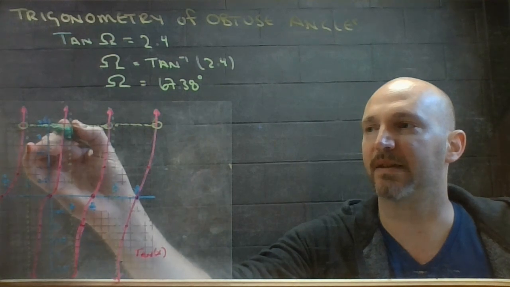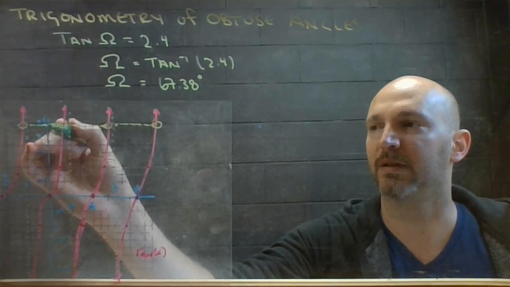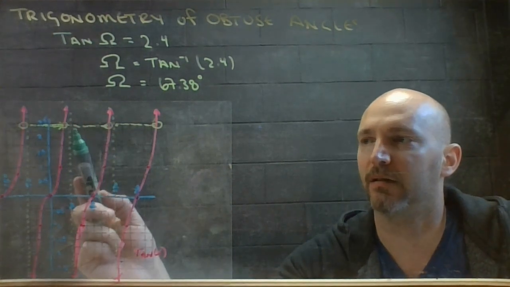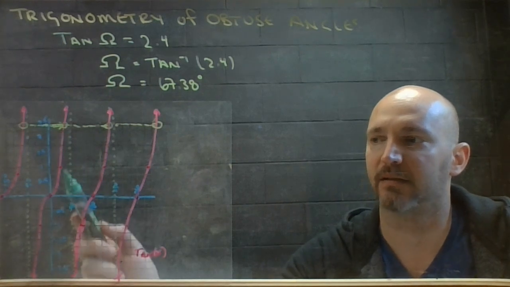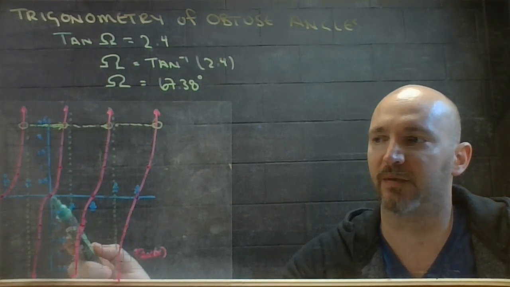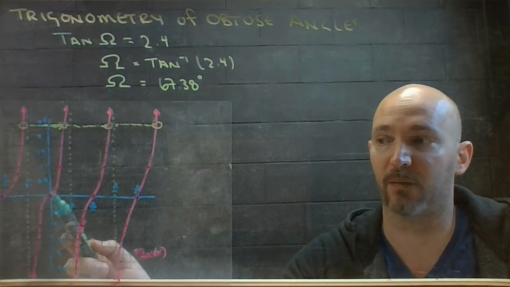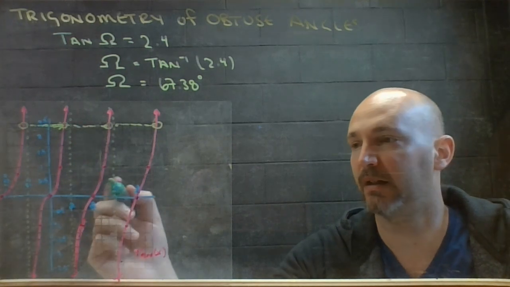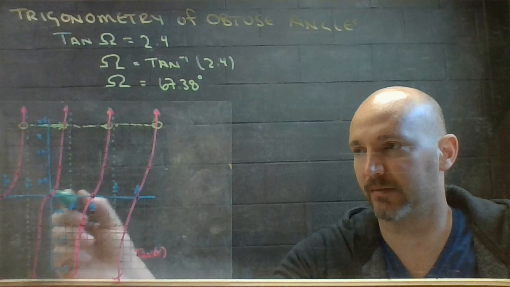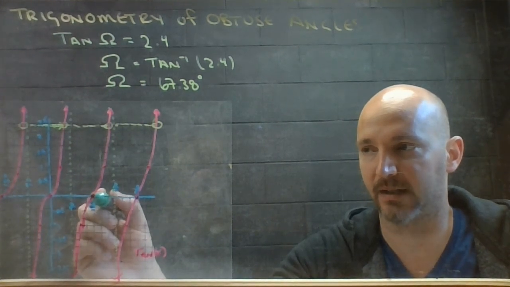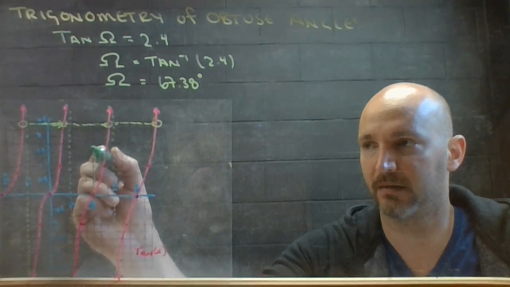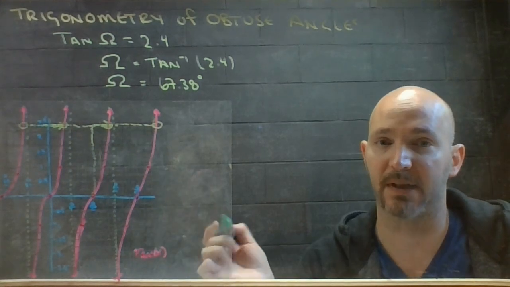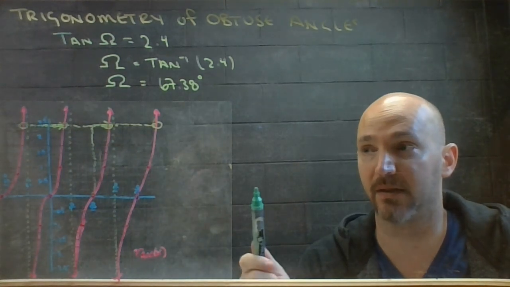So I have this distance. And if I have one solution where it crosses the x-axis over 67.38, then if I go to the next one, this is the next place where I cross the x-axis, and look up here. That distance and that distance are the same. So that's how I'm going to get my second solution.